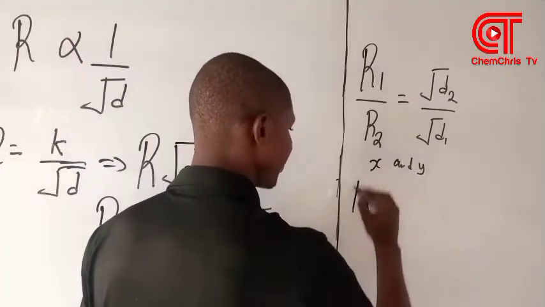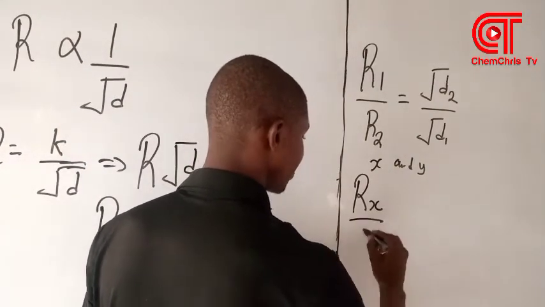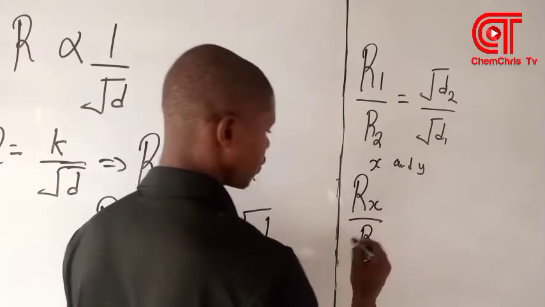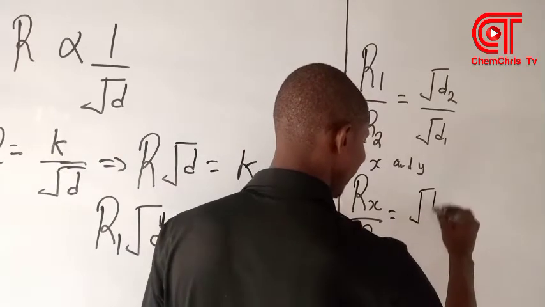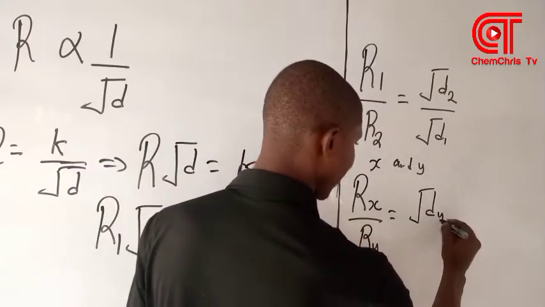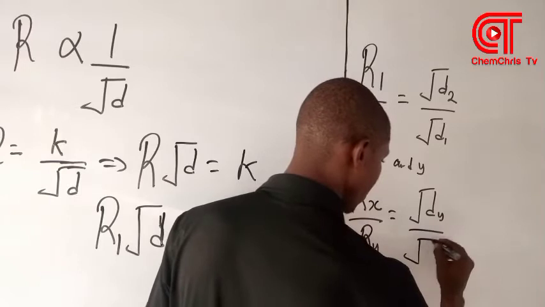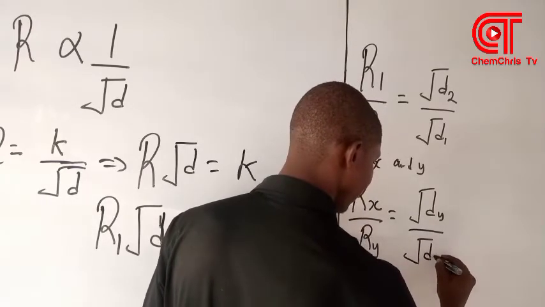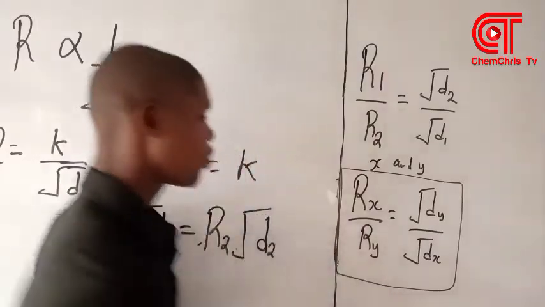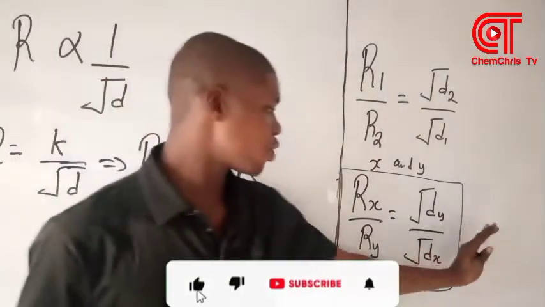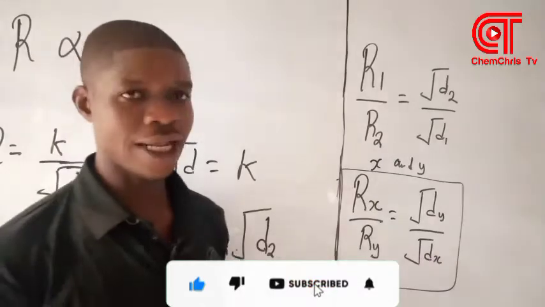You go to rate x over rate y equals the square root of the density of y over the square root of the density of x. So this looks so much like the first one we have done. Do you get that?